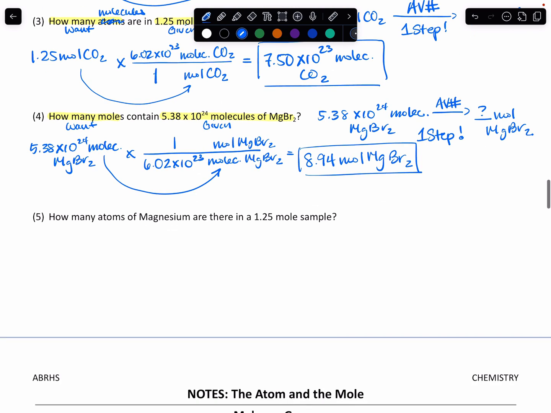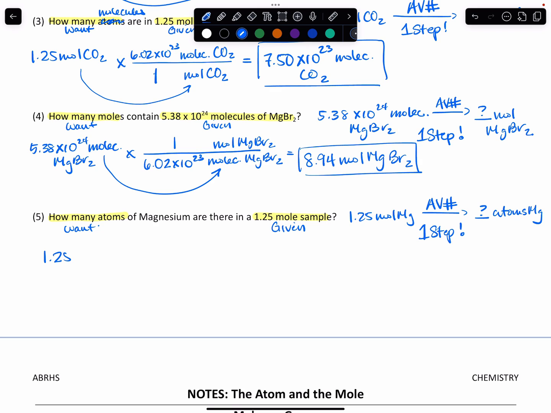All right, and then last, how many atoms of magnesium are in a 1.25 mole sample? All right, so again, we have our given. We're looking for atoms. All right, so 1.25 moles of magnesium. How many atoms of magnesium? All right, we're going to again use Avogadro's number to make this jump, and this will be a one-step problem. So we start with what we've been given, 1.25 moles of magnesium.